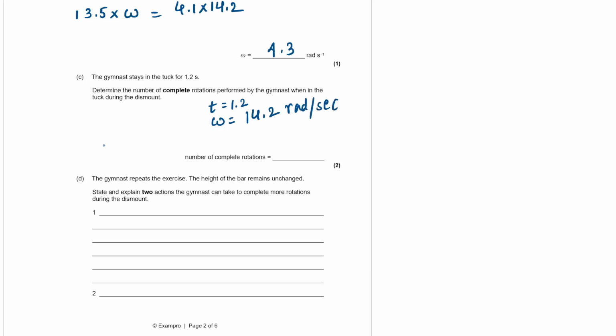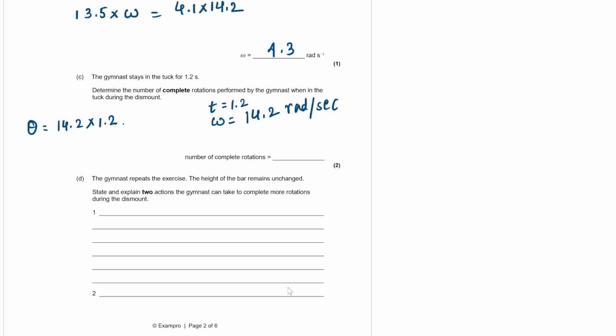So in 1.2 seconds, what will be the angle it will rotate? It is 14.2 times 1.2, which is 17.04, and then you need to get rid of the radians by dividing by 2 pi.